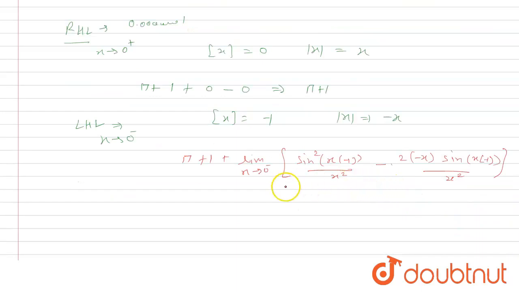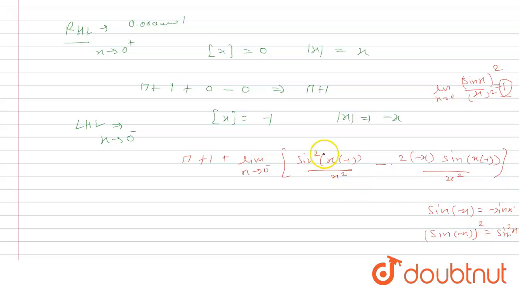We know that limit x tends to 0 of sin x upon x is equal to 1. The square of sin x with denominator also a square will also be equal to 1. For sin^2 of minus x upon x^2, we know that sin(-x) is equal to minus sin x, but sin(-x) whole square is equal to sin^2 x.